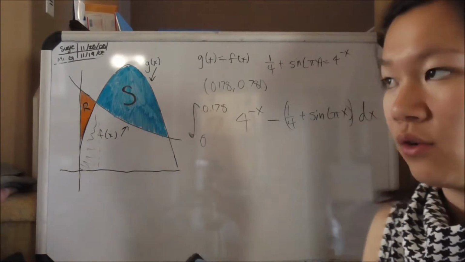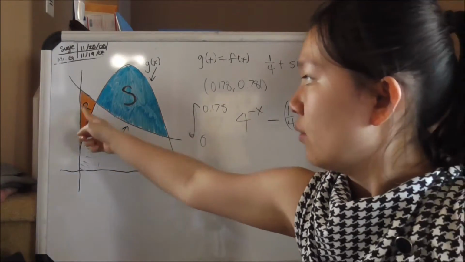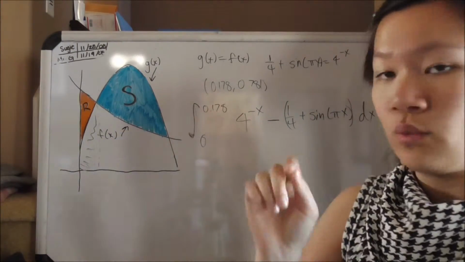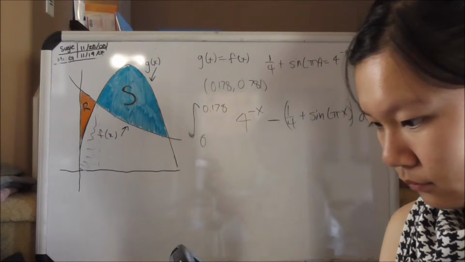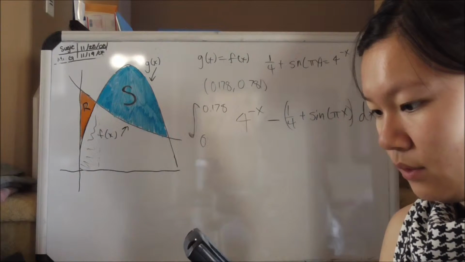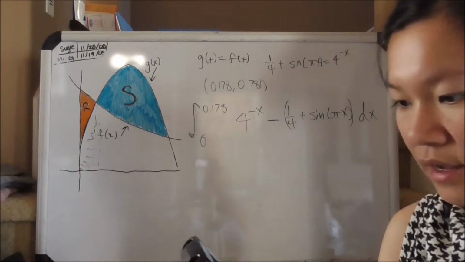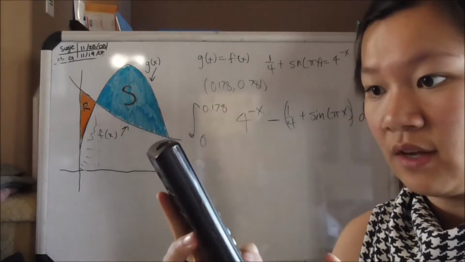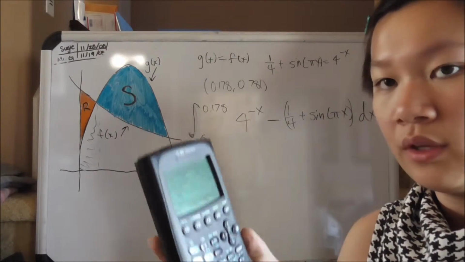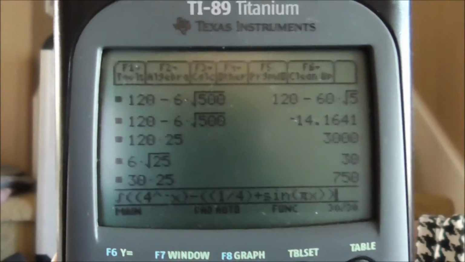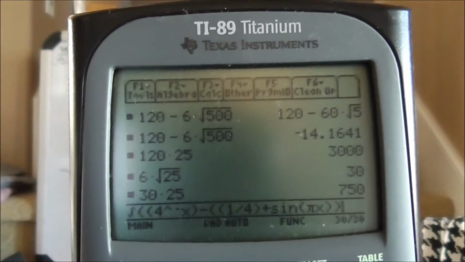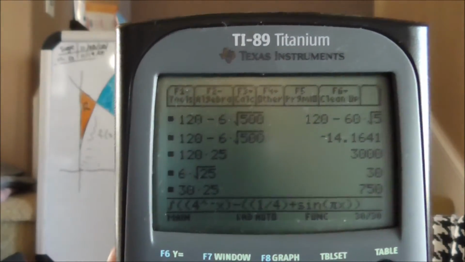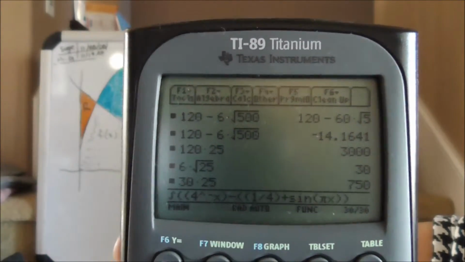Now from here, you're going to specify on which range it's going to happen. In this case, from 0 to 0.178. So you do this by, first off, don't close off the parentheses yet. When you put in the integral first, you are going to get a little parentheses that says what's going to be inside the integral. You don't want to close it off yet.